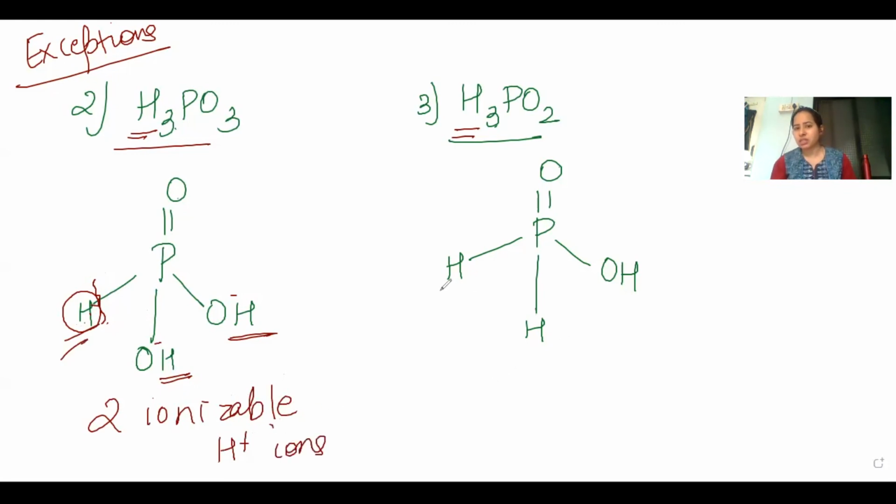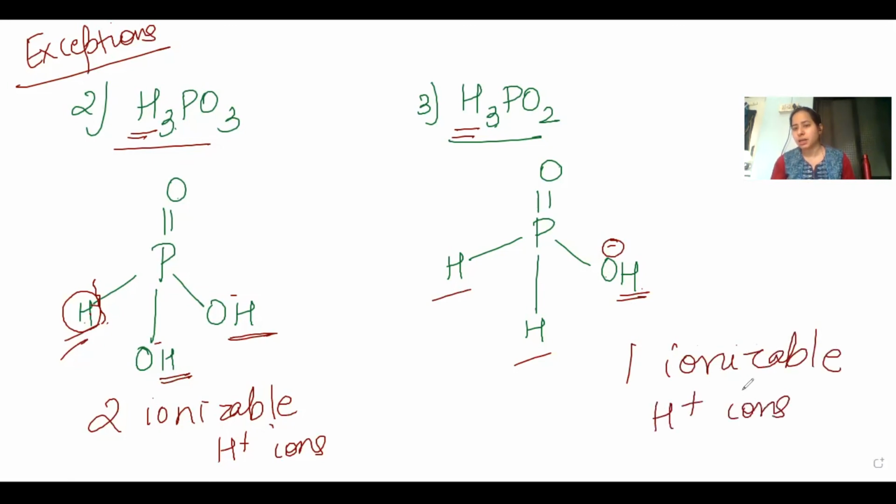Whereas here you can see ये और ये मिलने वाला नहीं है, आपको सिर्फ एक ही मिलेगा क्योंकि O और H का बॉन्ड टूट के H plus ion can be released and only O minus is left behind. So here we have only one ionizable H plus ion. So this was an exception, therefore I am giving you this as extra information.